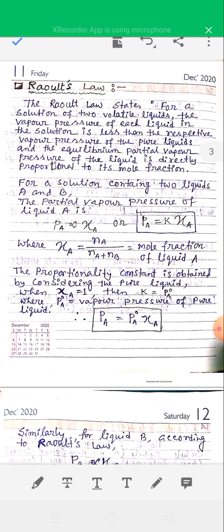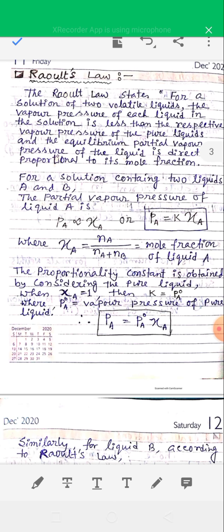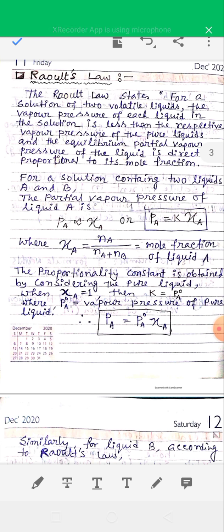Raoult's law states that for a solution of two volatile liquids, in which one is more volatile and another is less volatile, suppose liquid B is more volatile than liquid A, the vapor pressure of each liquid in the solution is less than the respective vapor pressure of pure liquids.